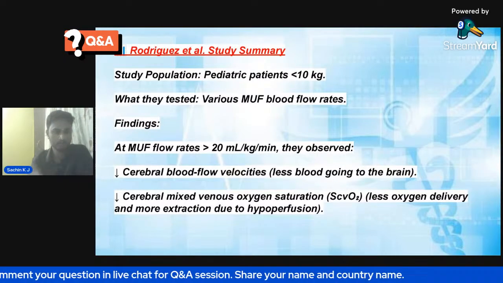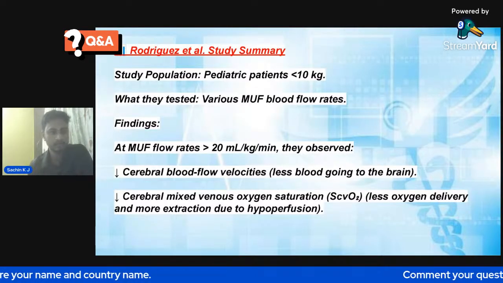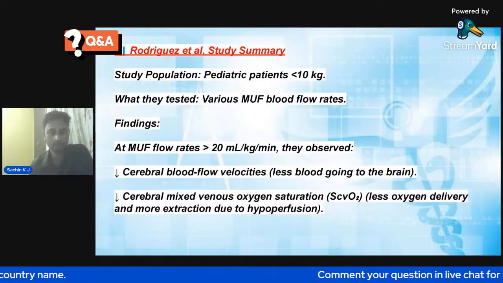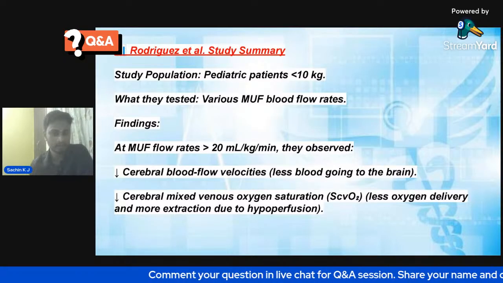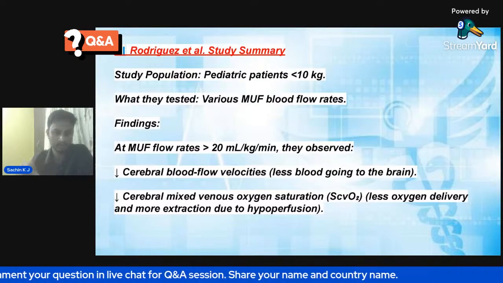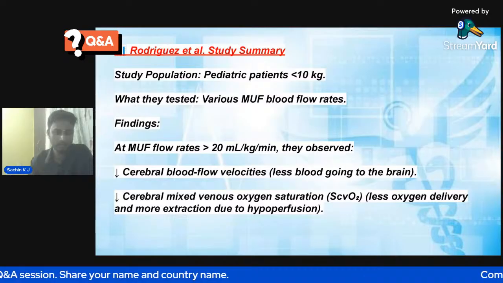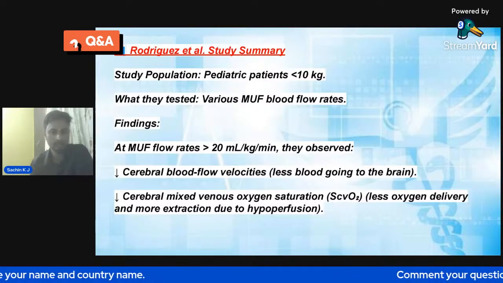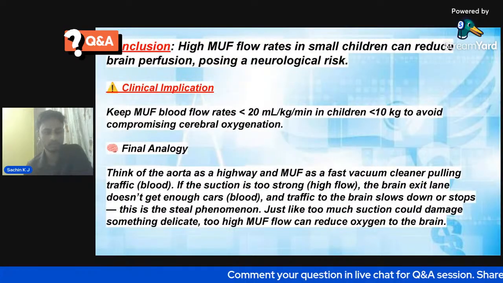Regarding the study populations, pediatric patients less than 10 kg, they tested various MUF blood flow rates. At MUF flow greater than 20 ml per kg per minute, they observed cerebral blood flow velocity decreases, and cerebral mixed venous oxygen saturation also decreases, causing hypoperfusion to the brain.